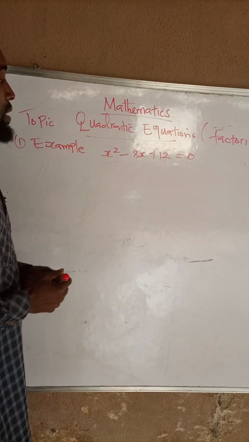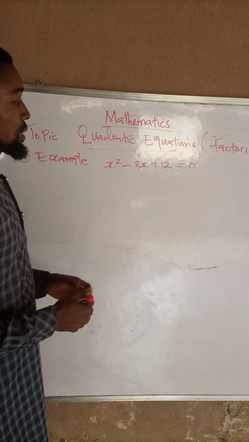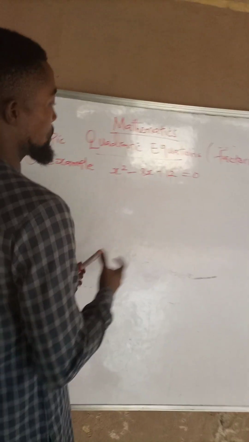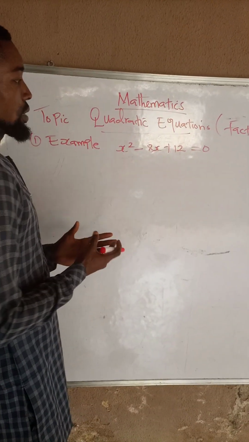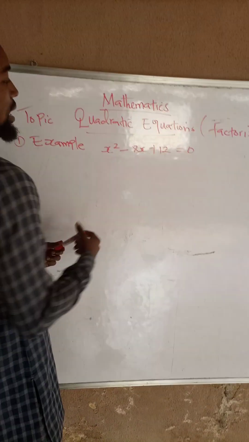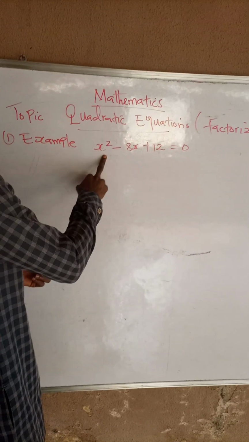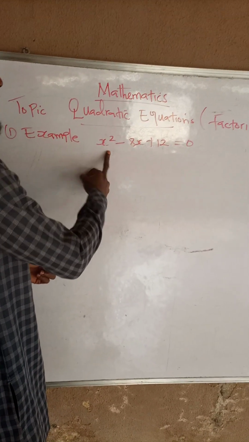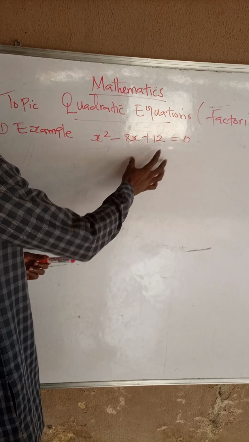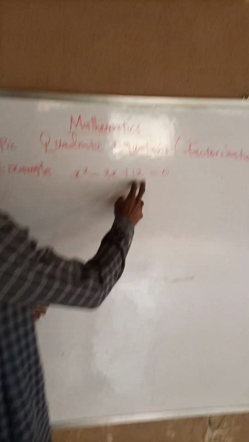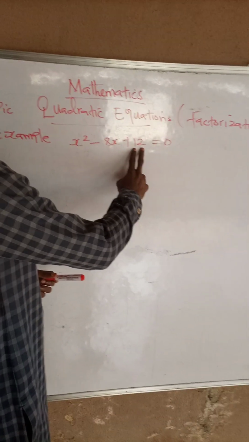Now, the first thing we need to know is that for us to get the factors, we need to multiply 12 times x squared, meaning what are the numbers that, when we multiply them, the two of them will give us 12.